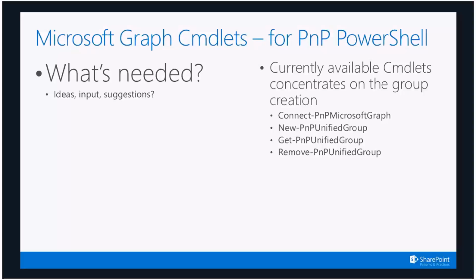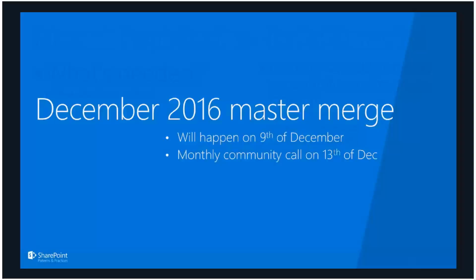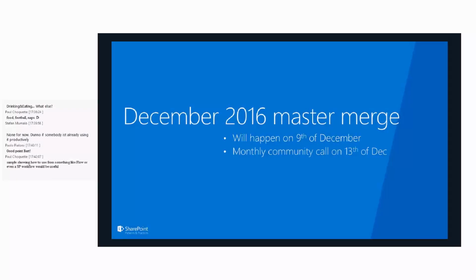Did we have something more? Oh, just a reminder on the December 2016 master merge. Essentially our monthly release will happen on the 9th of December. Our target is always the first Friday of a month, and typically it goes to the next Monday because we're always slightly delayed.